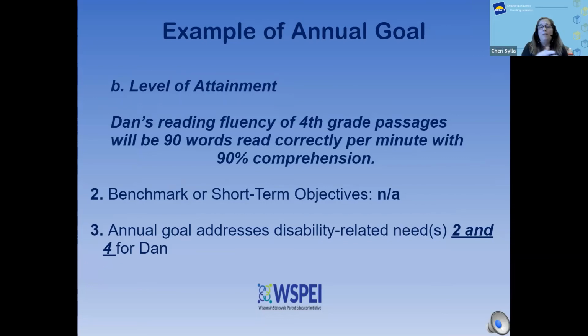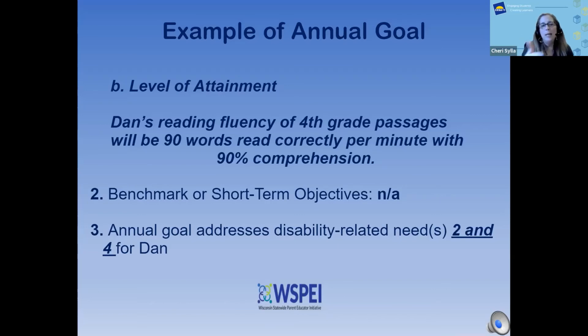But going from 55 to 90 is pretty significant, right? So that's a high expectation. We're pushing Dan, and that's what we want to see. We want to think about how far we can push him, and not have low expectations.